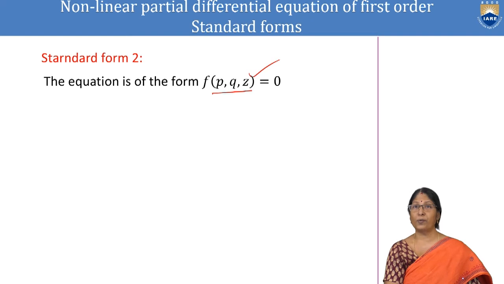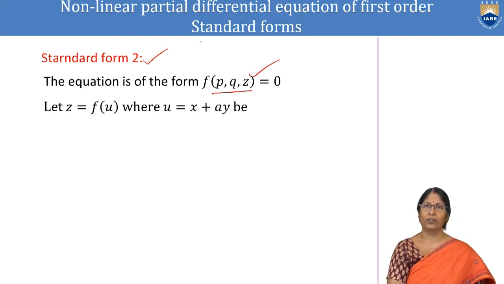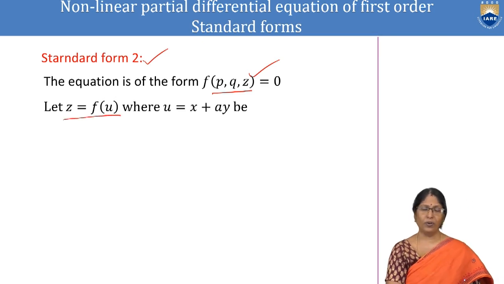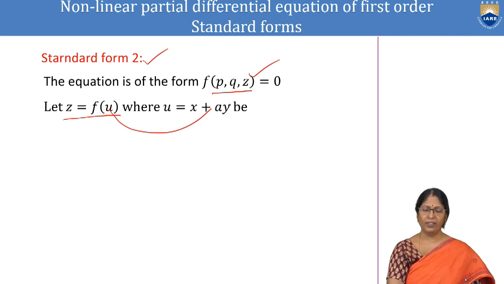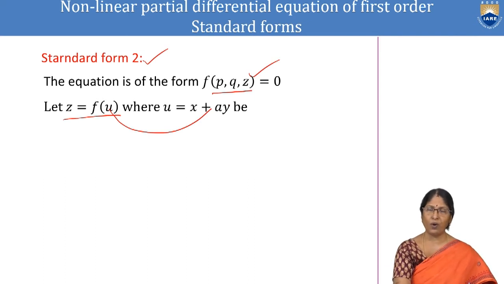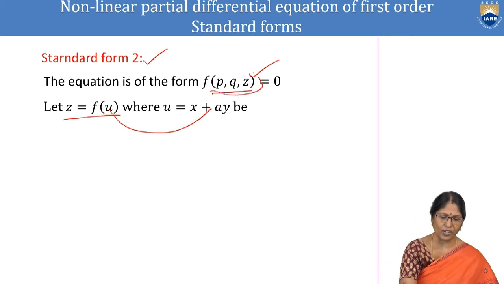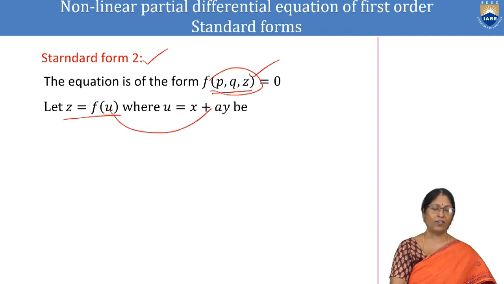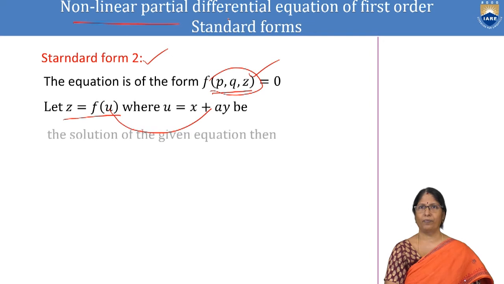Then what are the steps to be followed for standard form 2? We have to take z equal to f of u, where u is nothing but x plus ay. These are the steps to be followed if the equation has p, comma q, comma z. That is our non-linear PDE form.